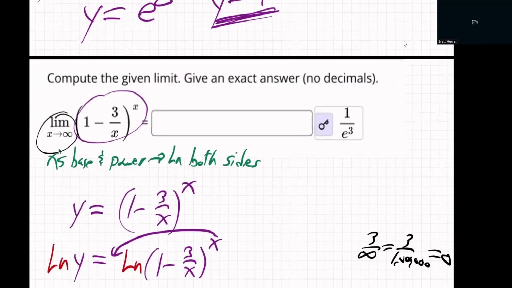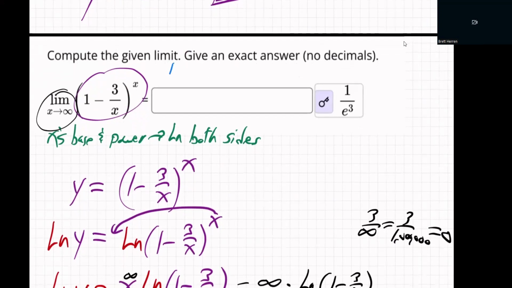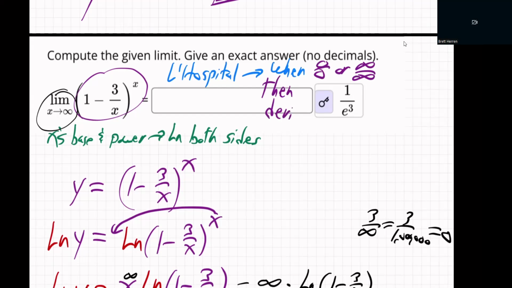Well, this is where I think I'm going to add L'Hopital, give you a hint here. When you do L'Hopital, which we're going to need to do, what does that mean? That means when you have 0 over 0 or infinity over infinity, then you're going to take the derivative of the top and the bottom separately.